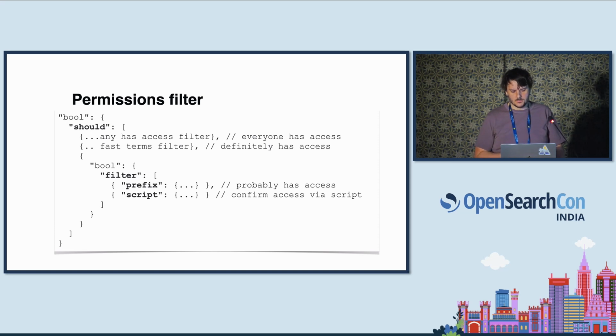When we get to more complicated permissions, we fall back to a second one where we use a script to confirm that they definitely have access to the document. In the past, we saw some problems with our script, and so we added this prefix in front to eliminate documents that definitely didn't have access. So essentially, this is a probably-has-access filter.